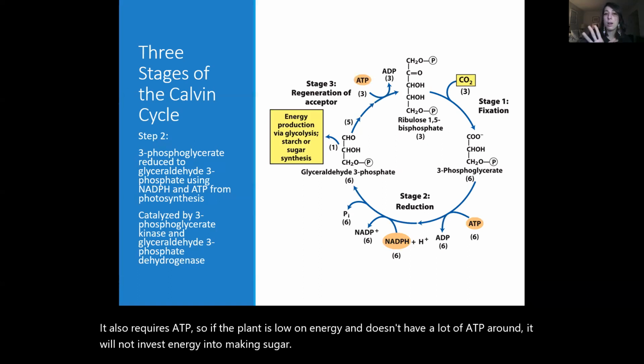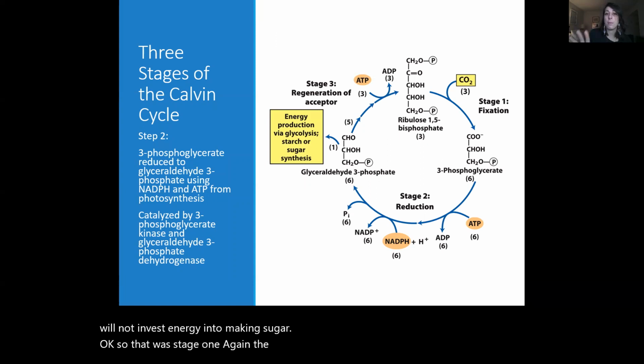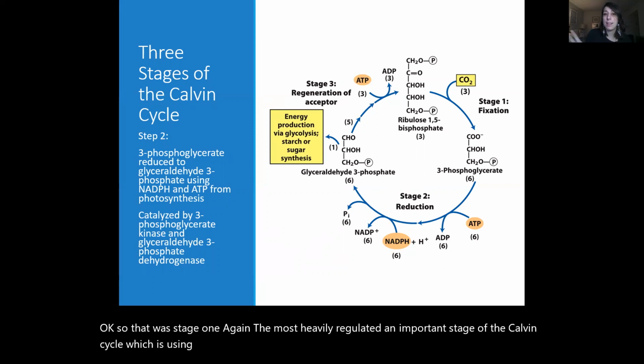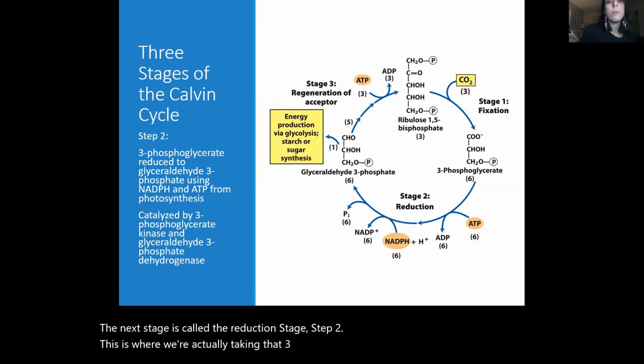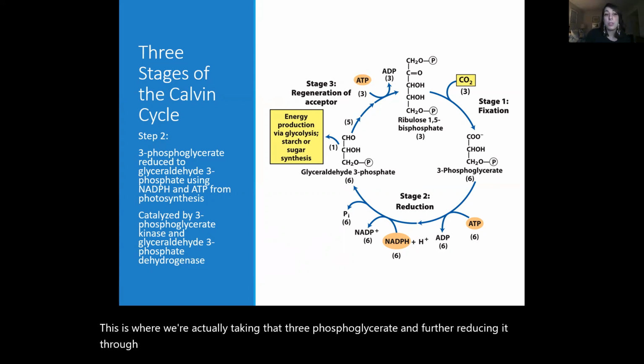Okay, so that was stage one, again, the most heavily regulated and important stage of the Calvin cycle, which is using Rubisco to catalyze the condensation of CO2 and ribulose 1,5-bisphosphate into phosphoglycerate. The next stage is called the reduction stage, step 2. This is where we're actually taking that 3-phosphoglycerate and further reducing it through our NADPH to then form our final product, which is glyceraldehyde 3-phosphate.